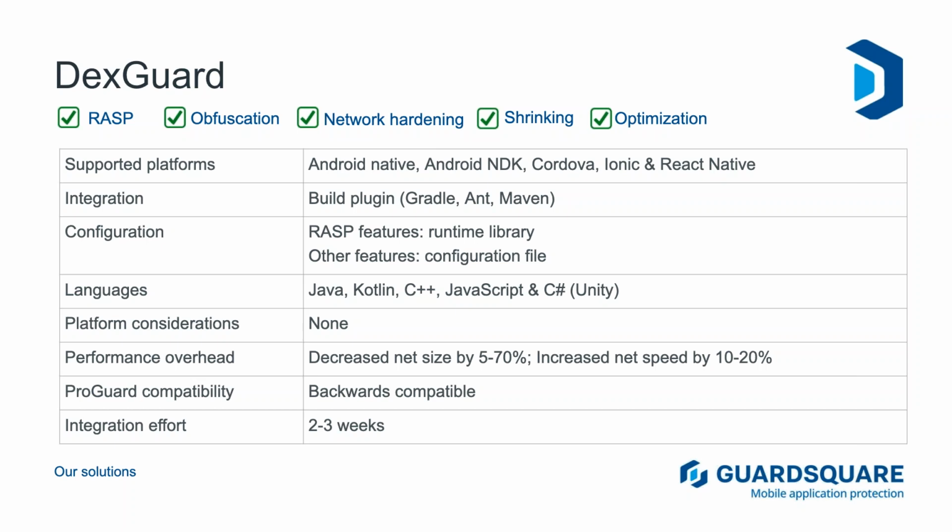And the integration effort you will need if you're totally new to the concepts and if you have no experience with ProGuard, we tend to say that integrating DexGuard will take about 2 to 3 weeks. If you're already experienced with ProGuard, that's a very good start, and then it will probably take less than 2 to 3 weeks.